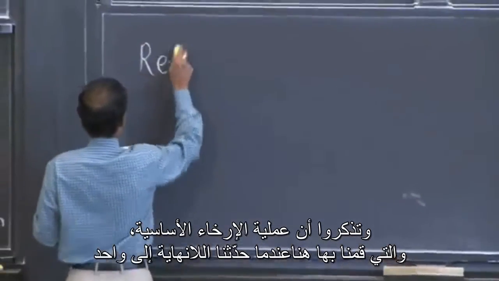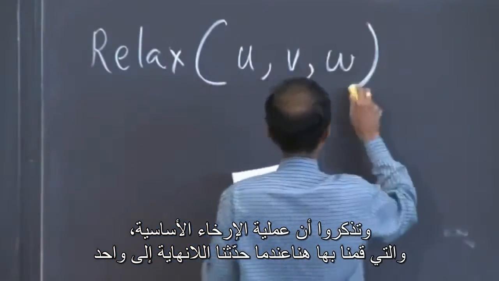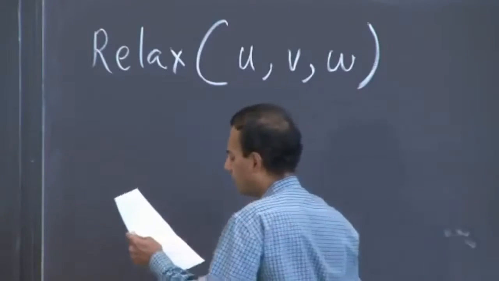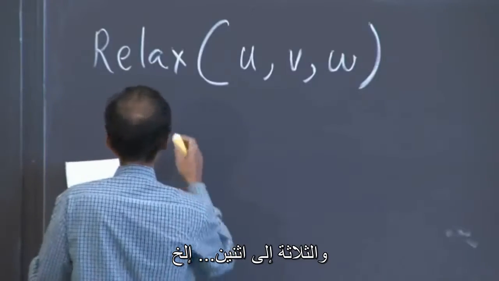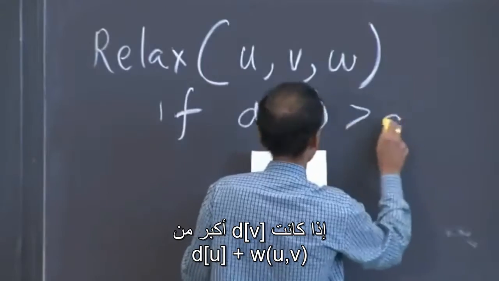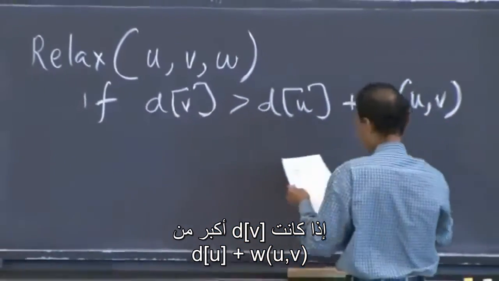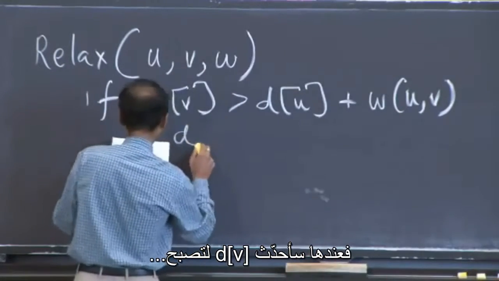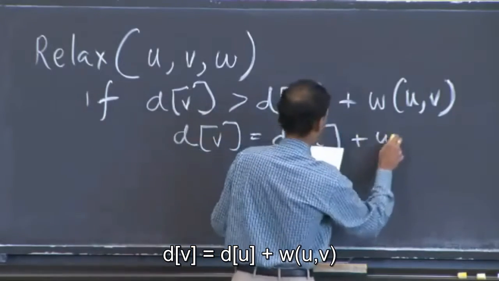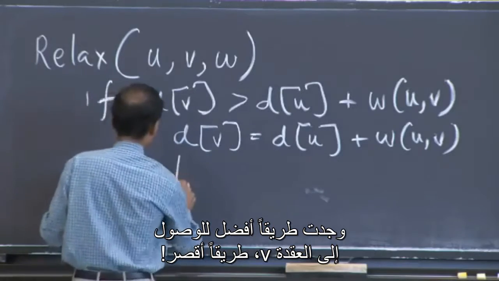Recall that our basic relaxation operation, which we kind of did over here as we updated the infinity value to 1 and the 3 value to 2, looks like this: if d of v is greater than d of u plus w of u comma v, then I'm going to update d of v to be d of u plus w of u comma v. You found a better way of reaching vertex v, a shorter way.